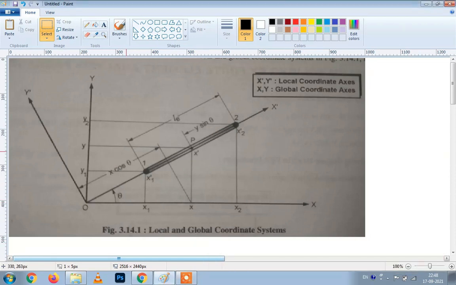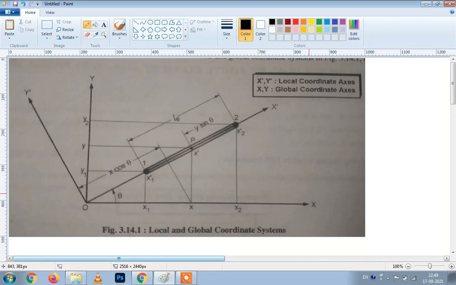Now we will see the local coordinate systems that are used in a two-dimensional truss, as well as the transformation matrix. Here two coordinate systems are shown. The first one is the global coordinate system and the second one is the local coordinate system.